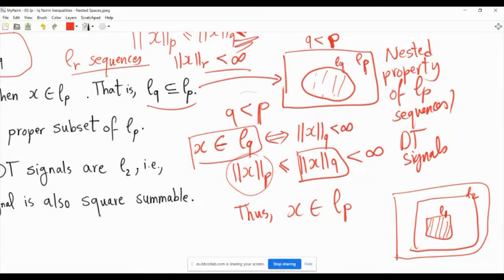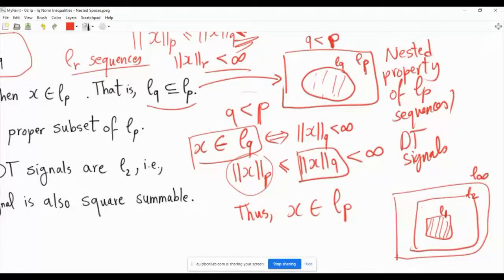Those are a subset of L infinity, the sequences for which the L infinity norm is bounded, so just the bounded sequences. So as you increase from 1 to 2 to infinity, you have this nested property of the LP spaces of sequences.